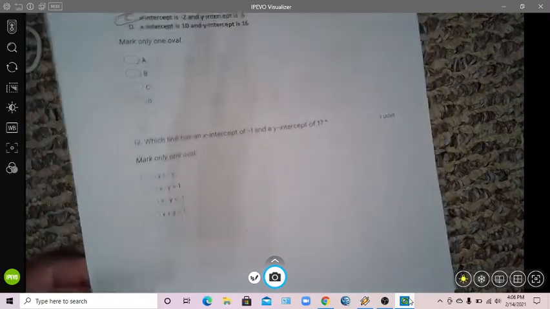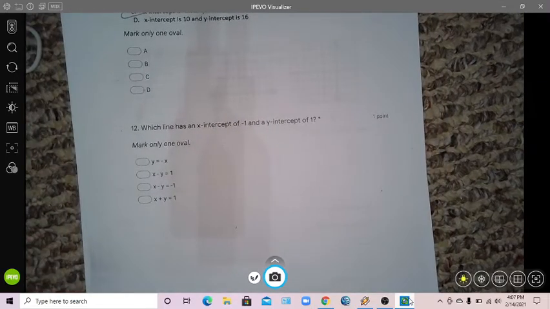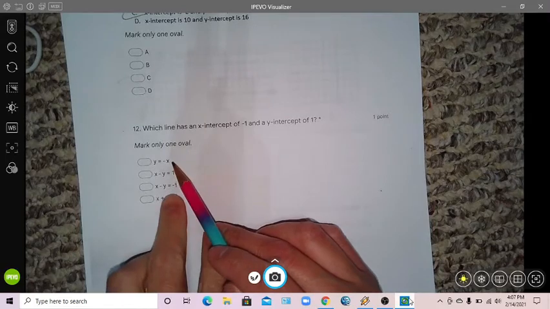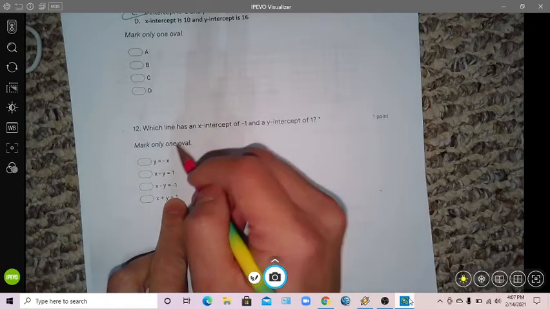Okay, alright, number 12. Which line has an x-intercept of negative 1 and a y-intercept of positive 1? For this one, this line goes through the origin.